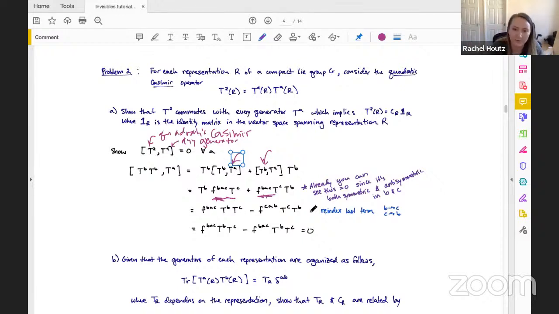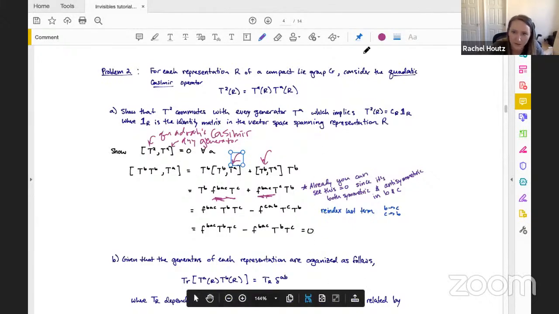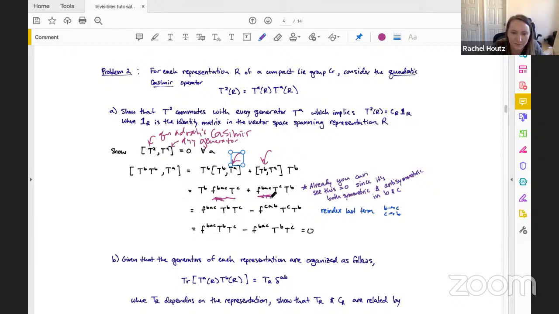Yeah, so if you really check that this is true, you can reindex. So you can rewrite this, and then you can reindex, and you get that these two cancel, and you get 0. So moving on. Oh no, sorry, this is definitely symmetric in B and C because these two terms are symmetric. Okay. So that's kind of nice.